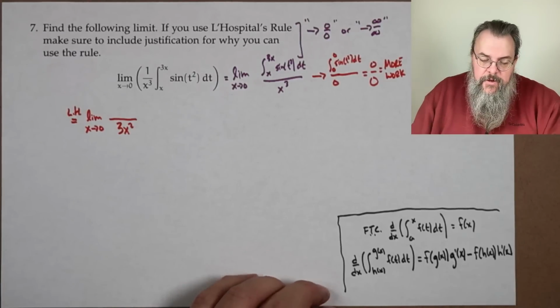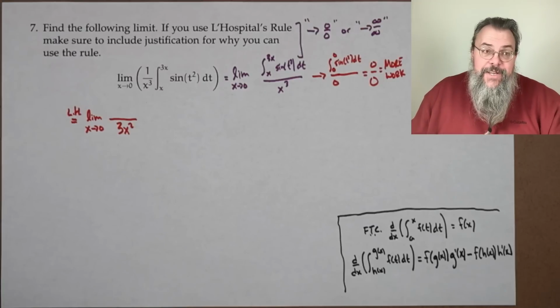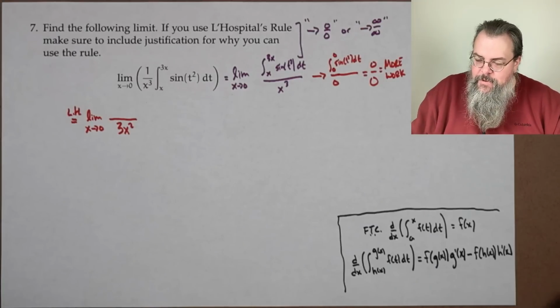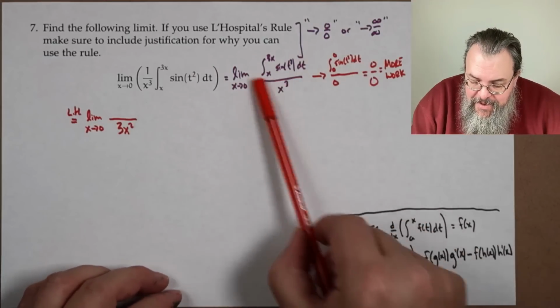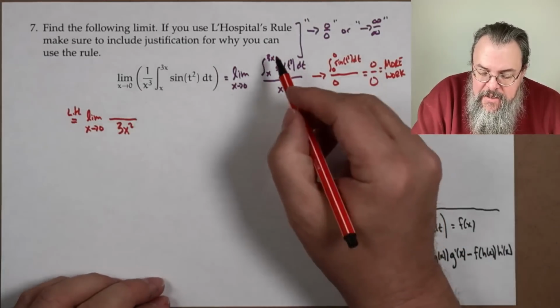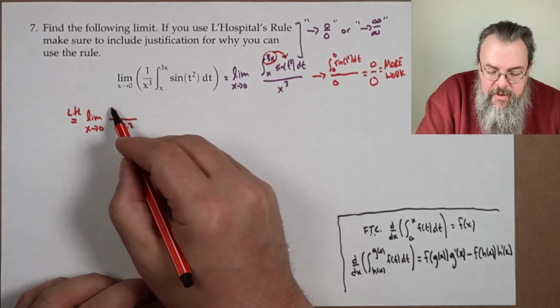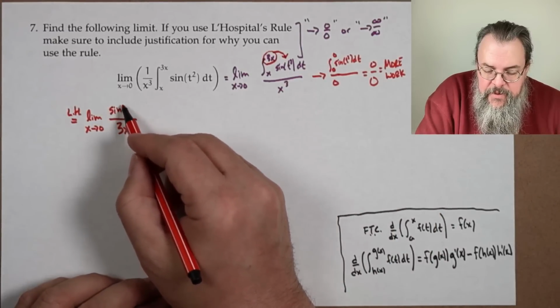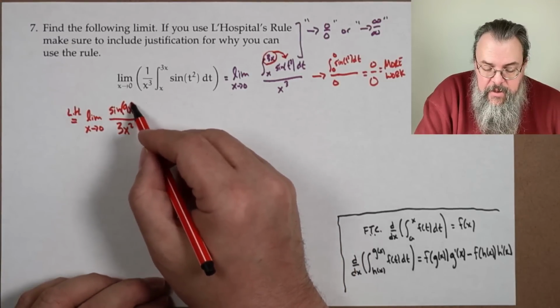All right, so here we go. Back to our regularly scheduled problem. What were we doing? Well, we're taking the derivative of the top. And that's this piece right here. So it says we're going to plug in 3x in for t. So that would become sine of (3x) quantity squared, which I can write as 9x squared.